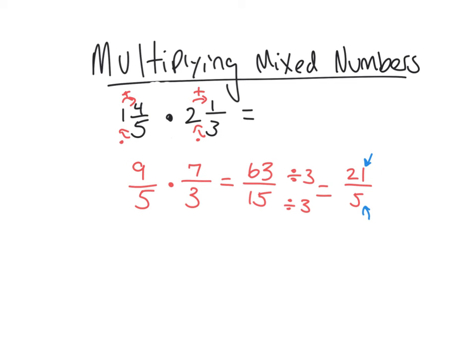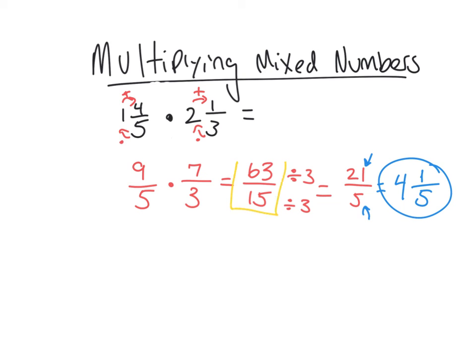Well, 5 goes into 21 4 times. And then we have to ask ourselves, how many is left over when we take out that 4 times 5? So 4 times 5 is 20. So we have 1/5 left over.